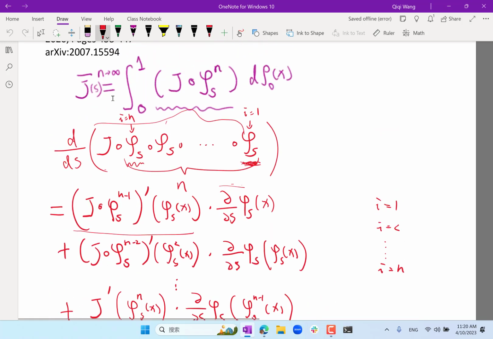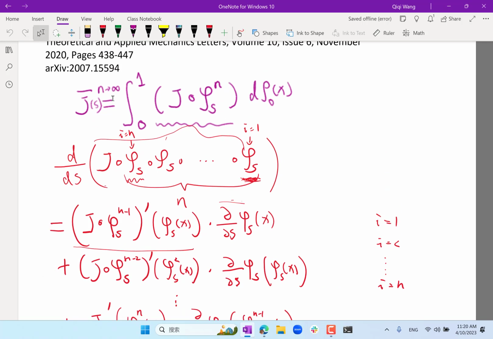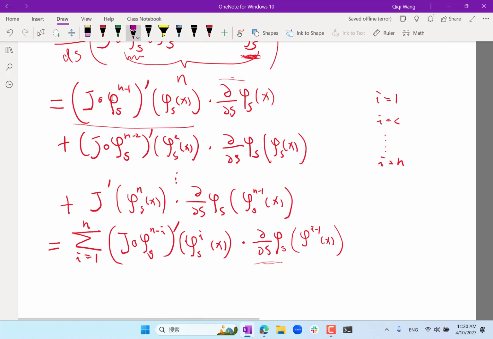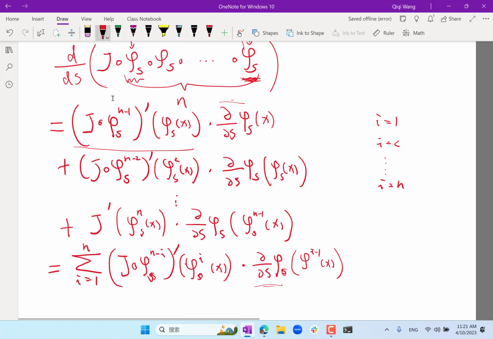And once we plug the chain rule into the integral, there is another thing we can use. The integral is integrated over the ergodic measure, the equilibrium measure, over x. And because of the equilibrium measure, when we are taking the derivative, we are taking it at s equal to 0. So we just write this as 0.